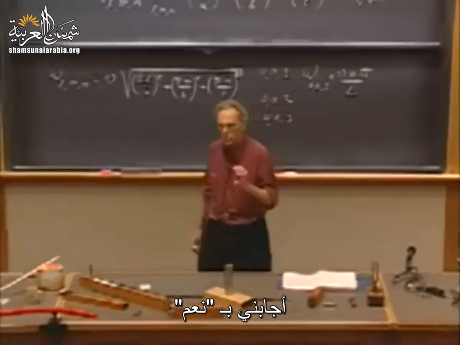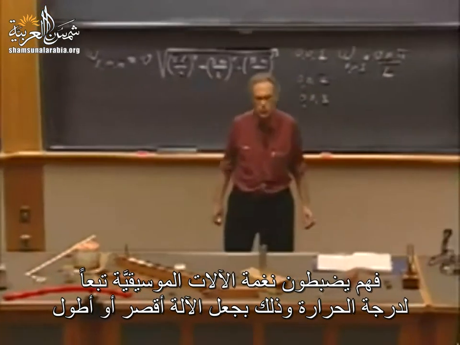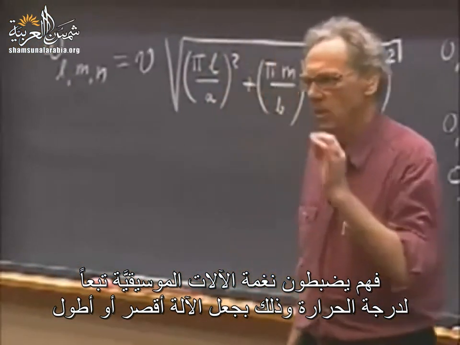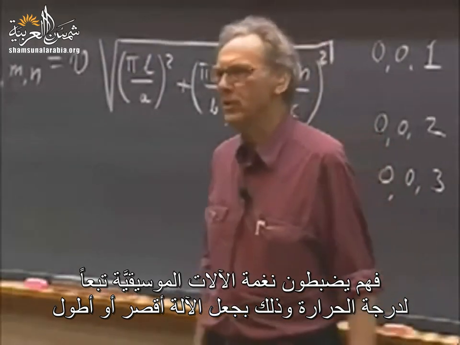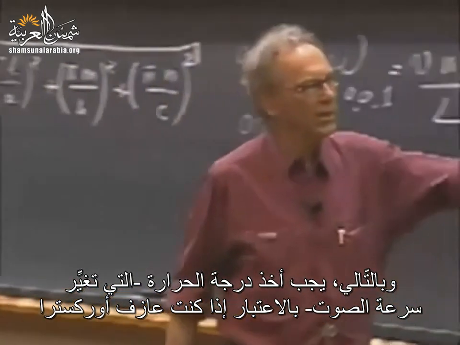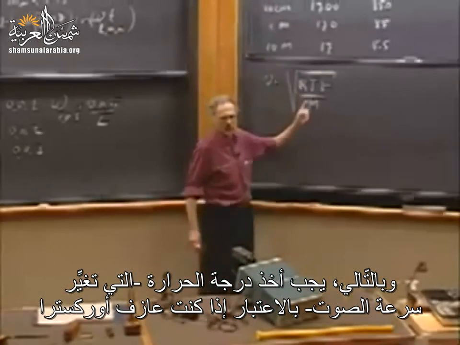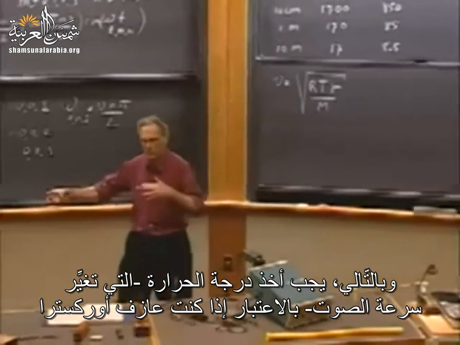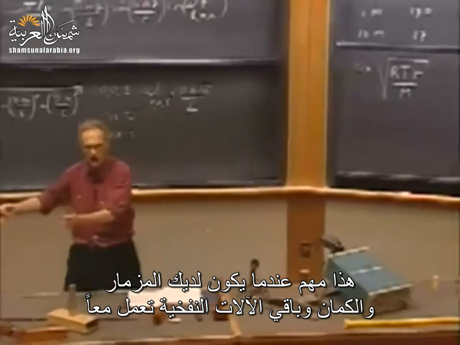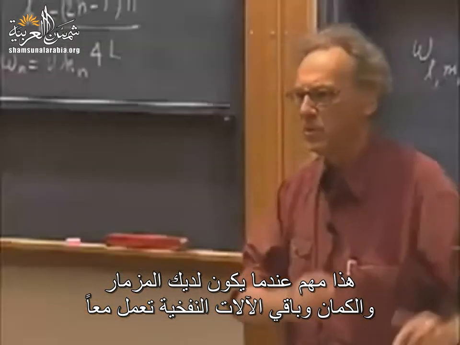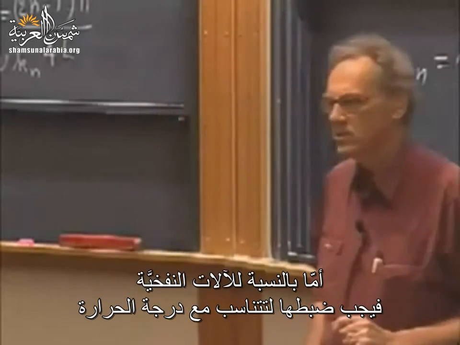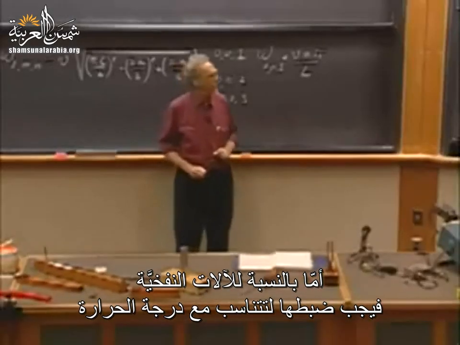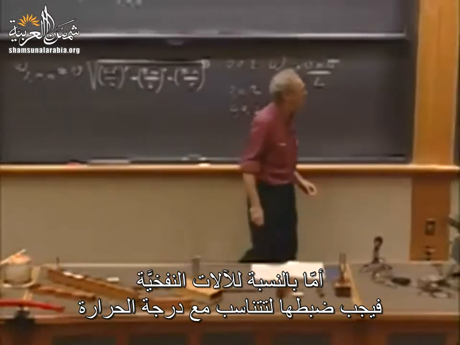And he said, yes, they actually do. They tune their instrument to adjust it to the temperature by making the instrument a little longer or a little shorter. So that temperature, which changes the velocity of sound, must of course be taken into account if you're in an orchestra and you have the flutes and the wind instruments together with the violins. So the violins can change the tension in the strings, but the wind instrument also adjusts it to the temperature.